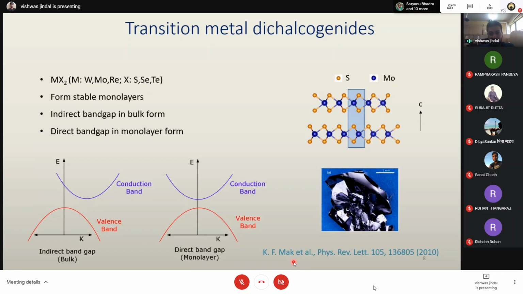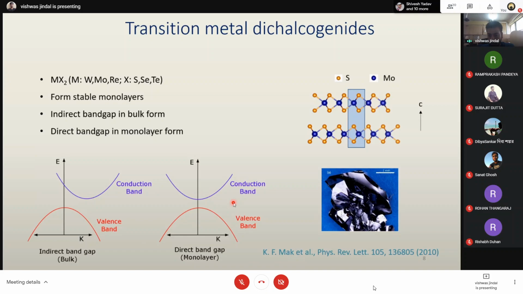It has a very nice direct bandgap within the optical range, somewhere around 2 electron volts, and the monolayer is also very robust.